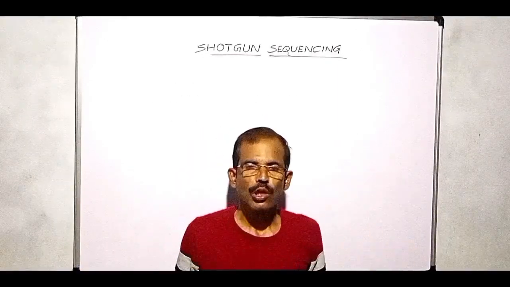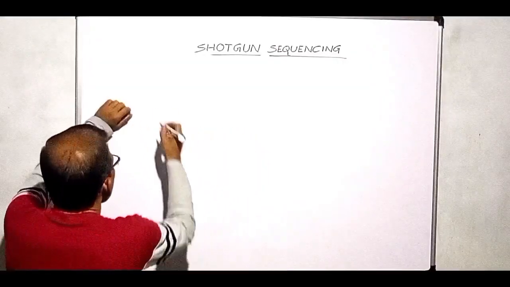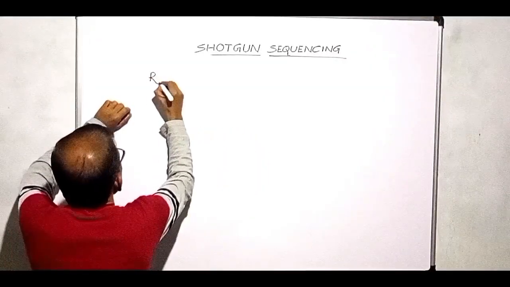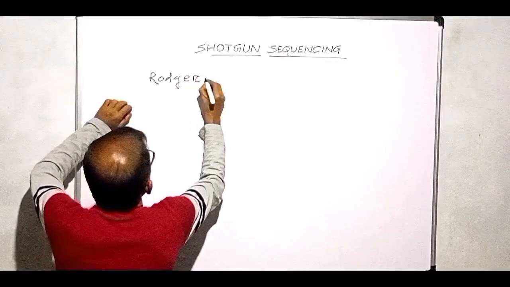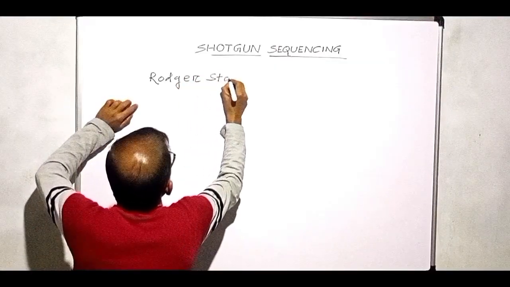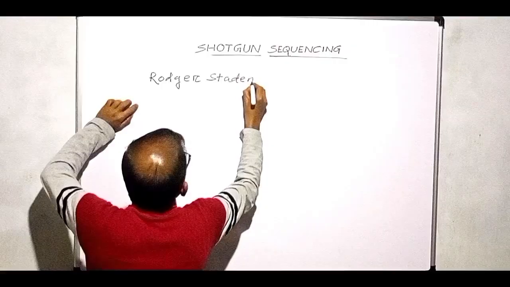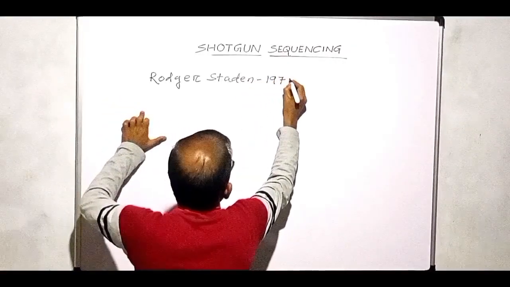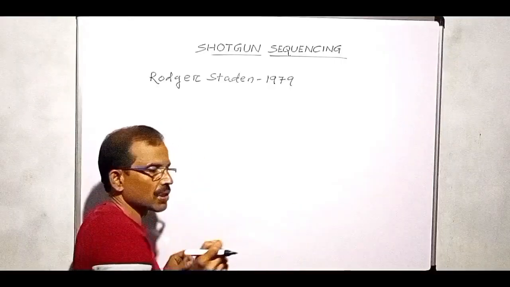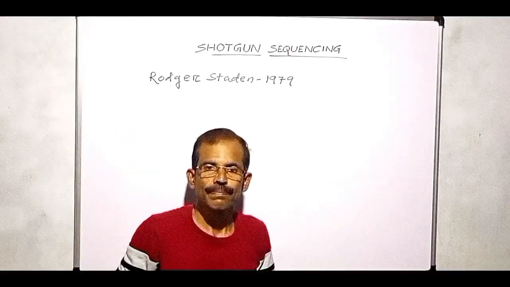The concept of shotgun sequencing was proposed by Roger Staden in 1979 to speed up the process of genome sequencing.